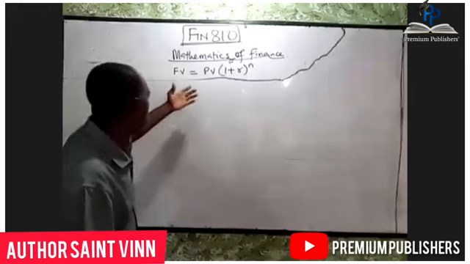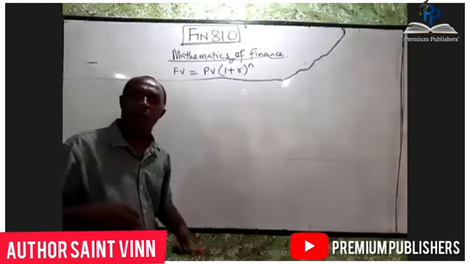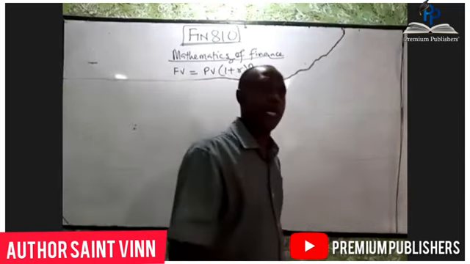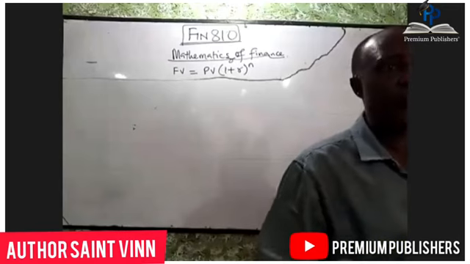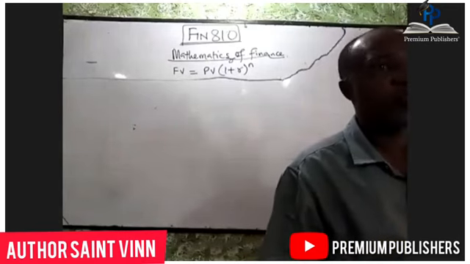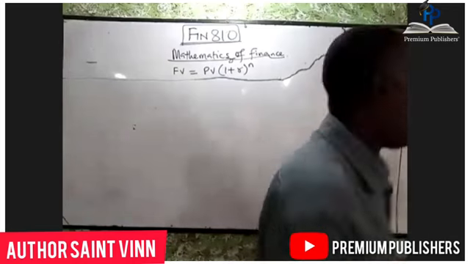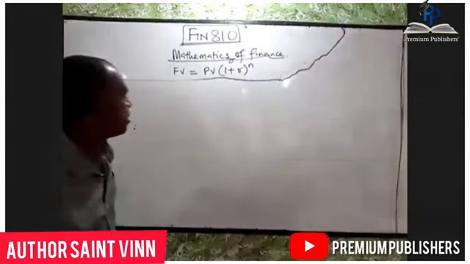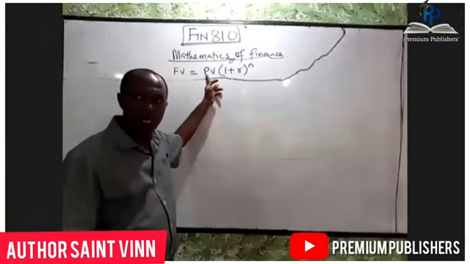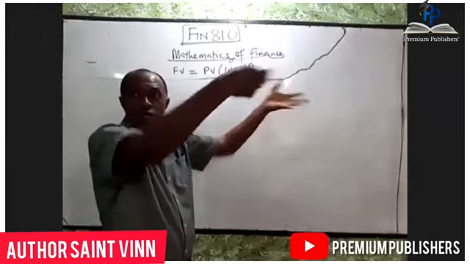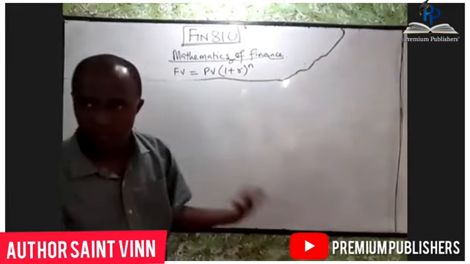Let's assume I have 5,000 in the bank. That 5,000 I put in the bank is the present value. And the bank will be paying an interest, or what we call cost of capital, or what we call opportunity cost, of let's say 10%. And then I want to know what my money in the bank will amount to in future, which means the future there could be 3 years, 5 years, and so on.